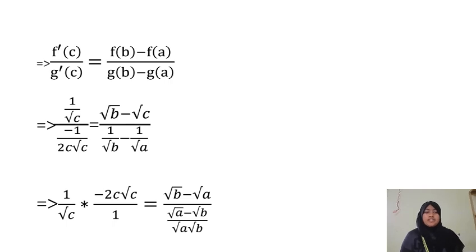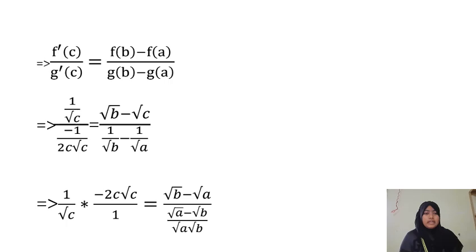After the substitutions, f dash of c equals 1 by 2 root c, g dash of c equals minus 1 by 2 root c, equals f of b is root b minus f of a is root a, by 1 by root b minus 1 by root a. These are the g functions.